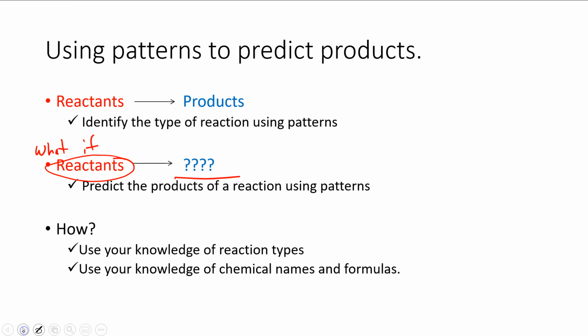But we're also going to have to incorporate some of your knowledge of chemical names and formulas. So, for example, if I have a metal involved, and the metal is going to react, it's likely going to form some sort of ionic compound. If it does form an ionic compound, what's it likely to combine with? Metals form cations, which are positive.